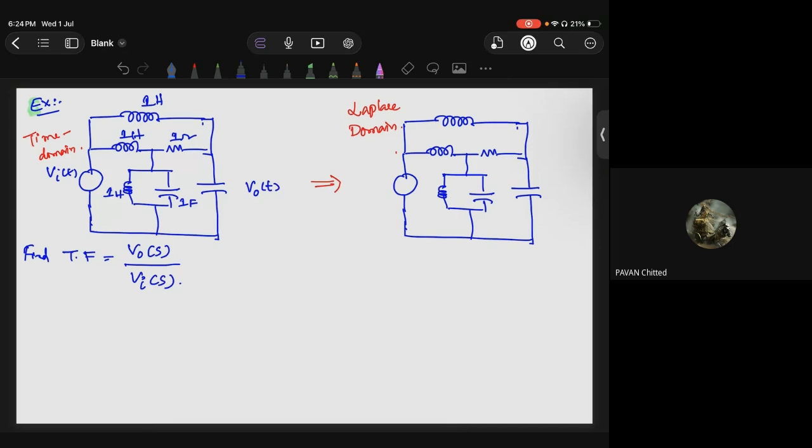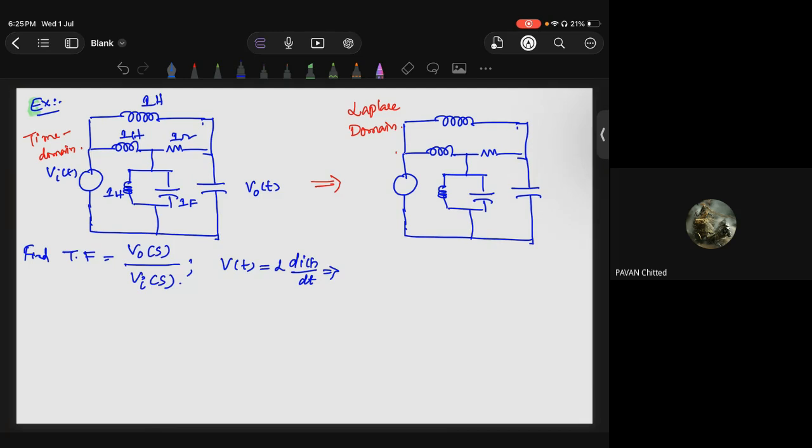What we do generally to convert from the time domain to the Laplace domain is convert each element into its Laplace domain form. The resistor is the same. Now let us see the inductor. What is the inductor voltage equation? V equals L di by dt.